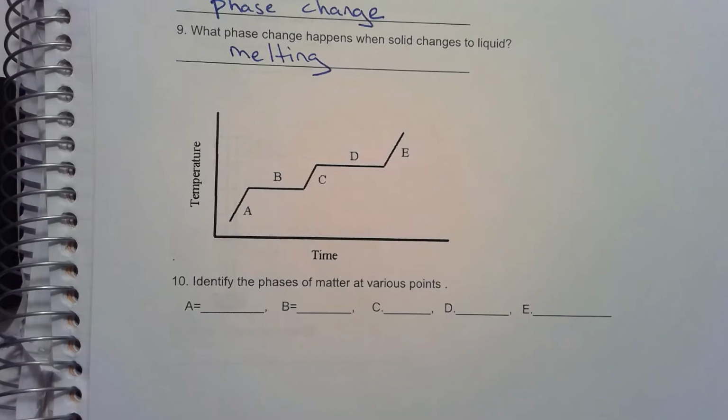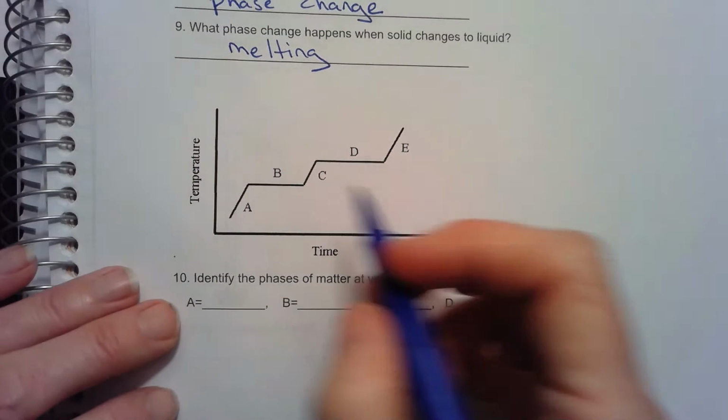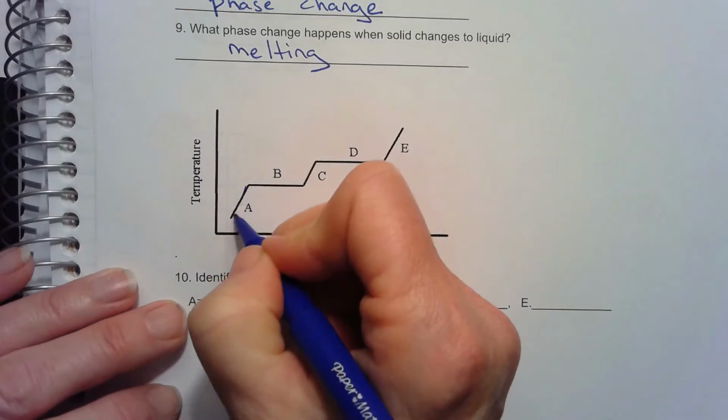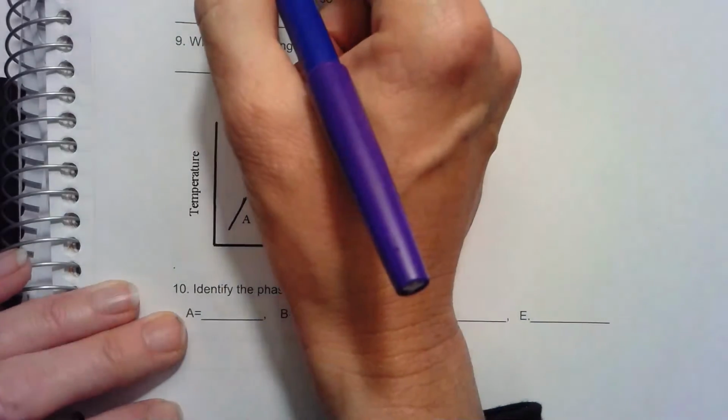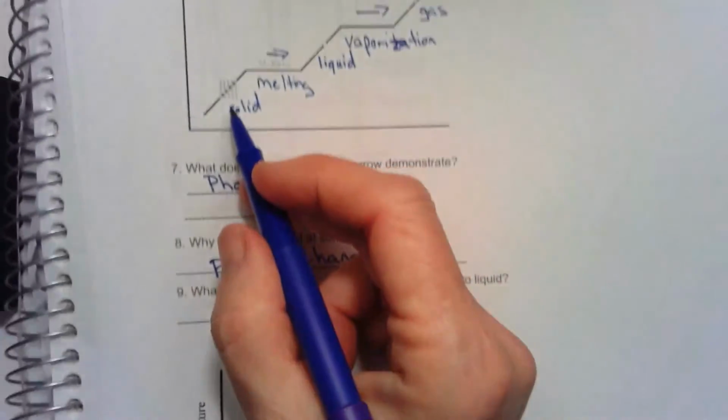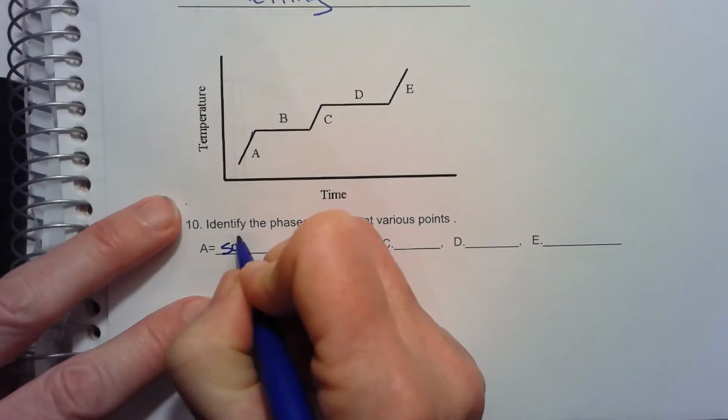Here we have another phase change graph. Identify the phases of matter at various points. So A, if I look even up here, I can tell it's a solid.